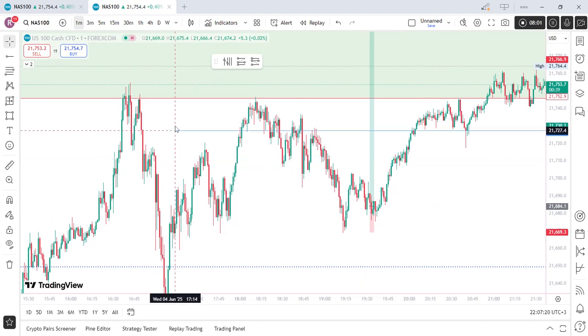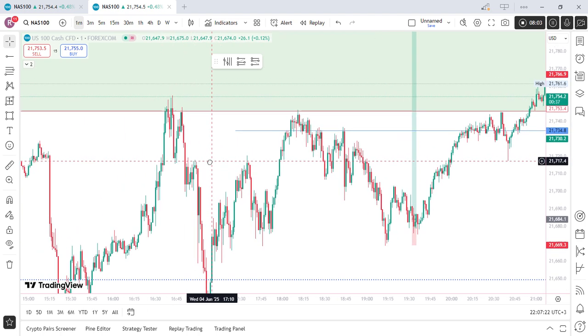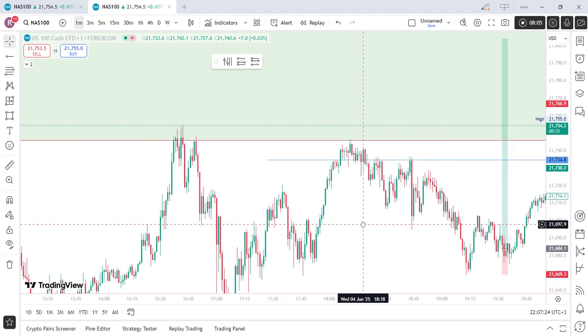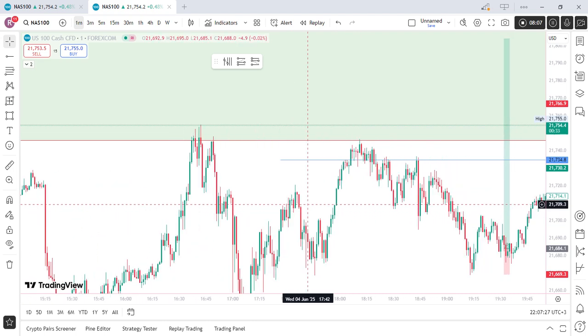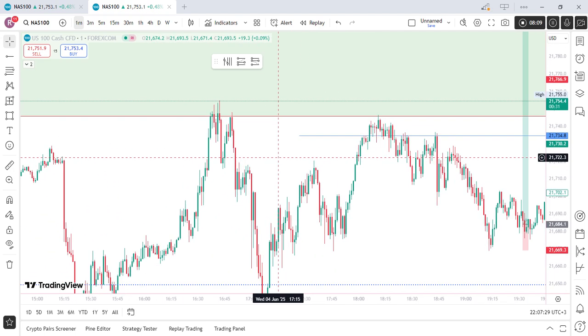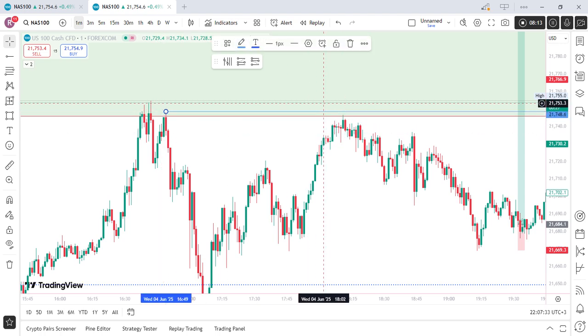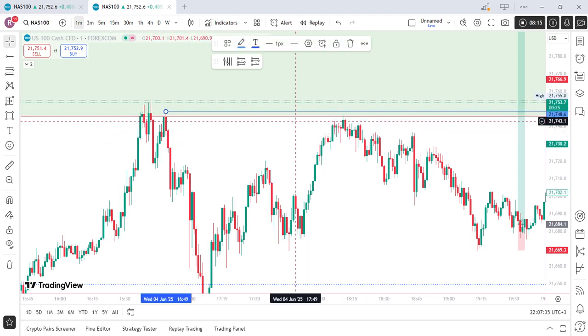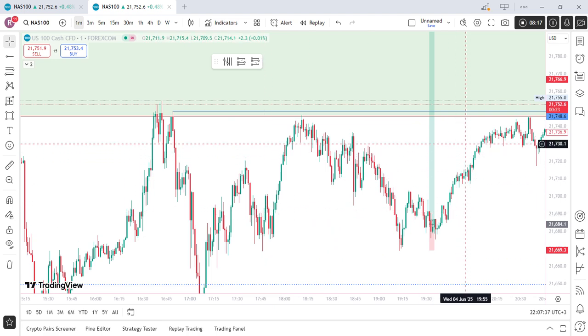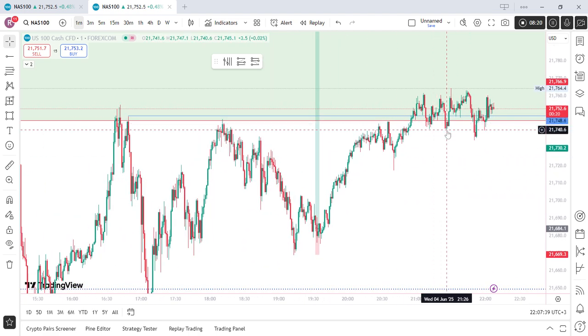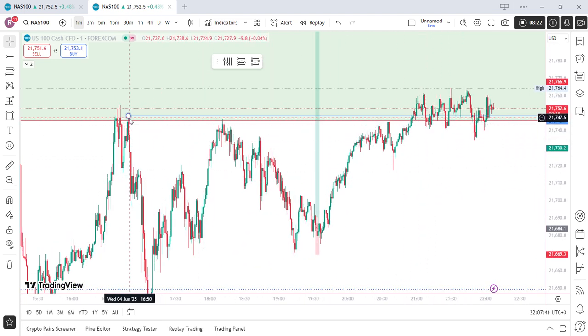Let me also find some relative equal highs here. Well, yeah, this one and this one here look like relative equal highs, and I think this one was purged. Yes, it has been purged already.